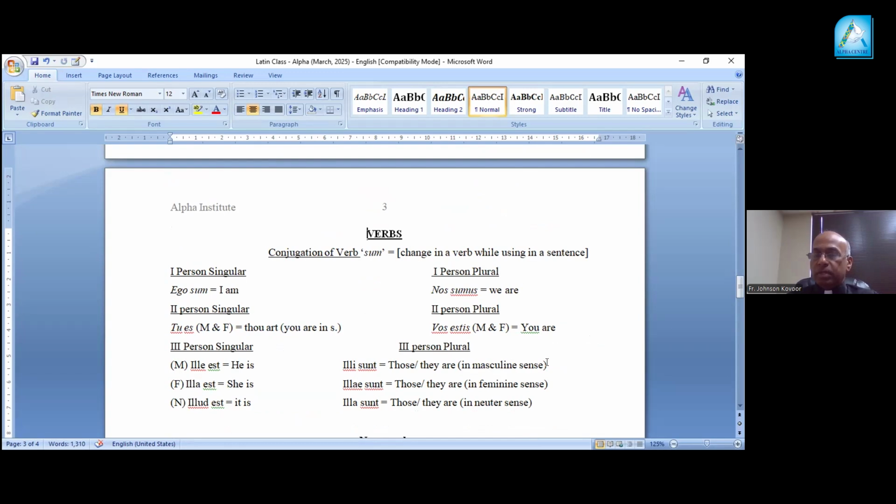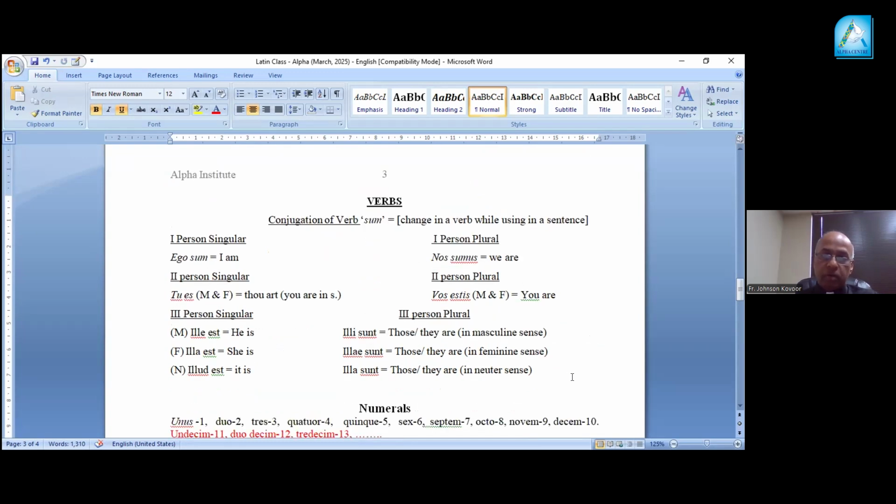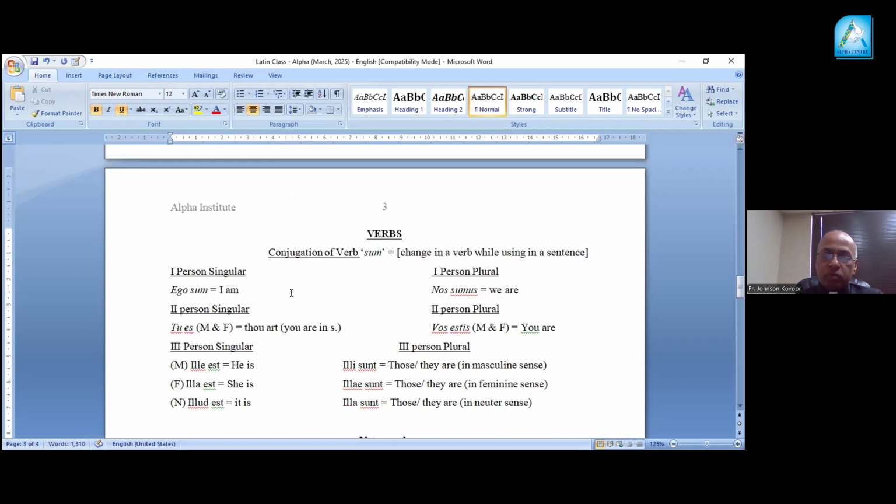The first conjugation is ending in are. Second conjugation, ere, like that. Anyway, we are studying only the verb sum. Sum means is, or am, are, like that. It is not a transitive verb, but an intransitive verb. We are not studying transitive verbs.